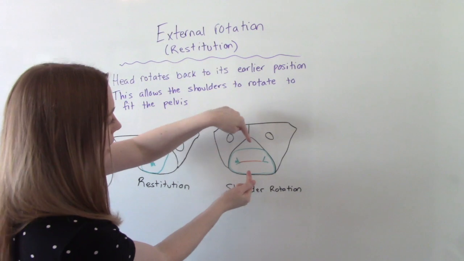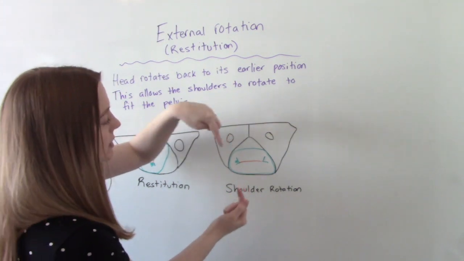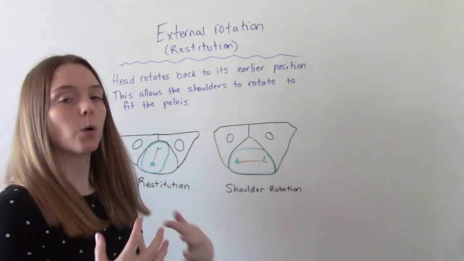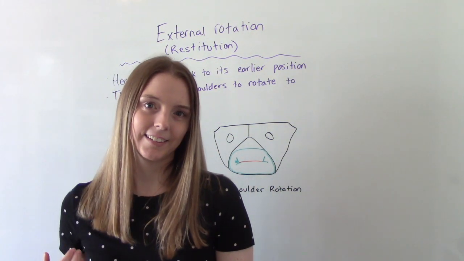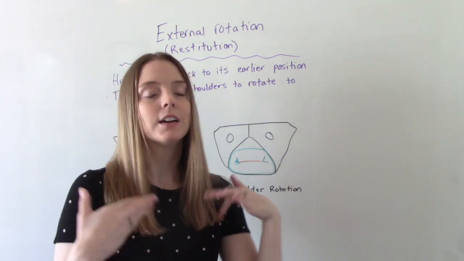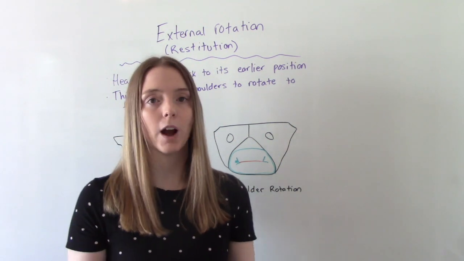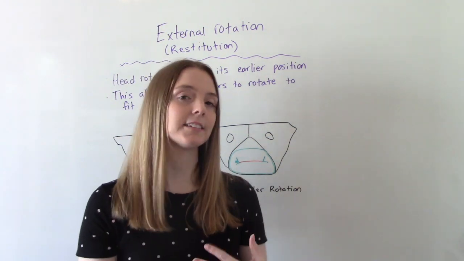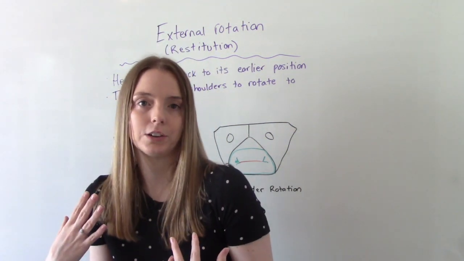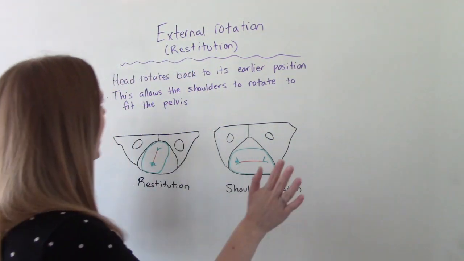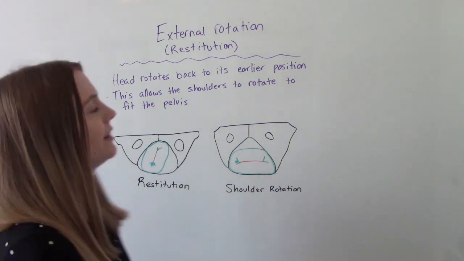The shoulders need to come out this way because this is the widest part of mom. So in order to get the shoulders to turn, the baby needs to turn its head again. And at this point, the head is out. A lot of times the doctor or the midwife or whoever is delivering the baby can assist with this, can kind of help baby do a little turn to help get those shoulders out. So that is external rotation.